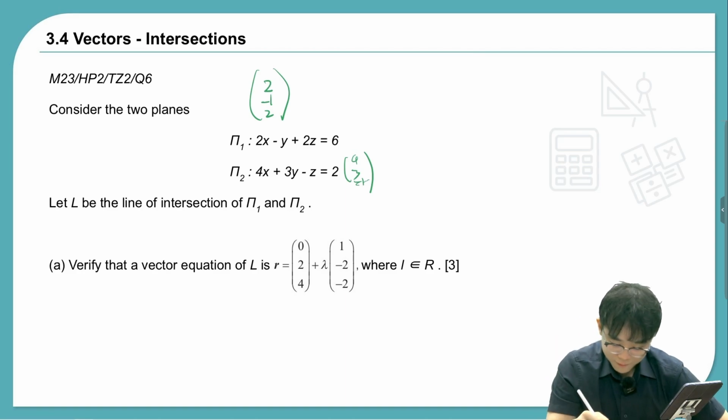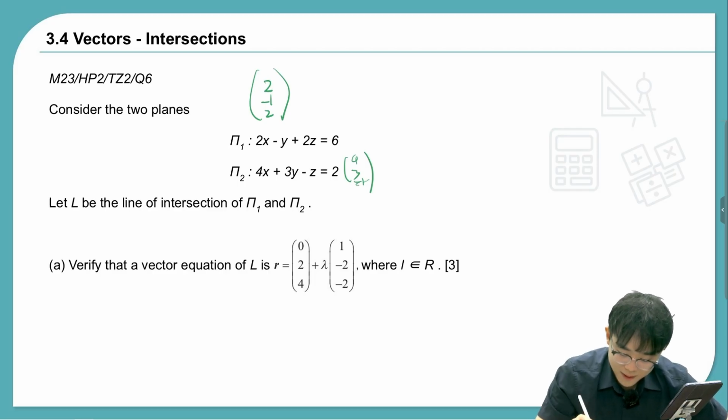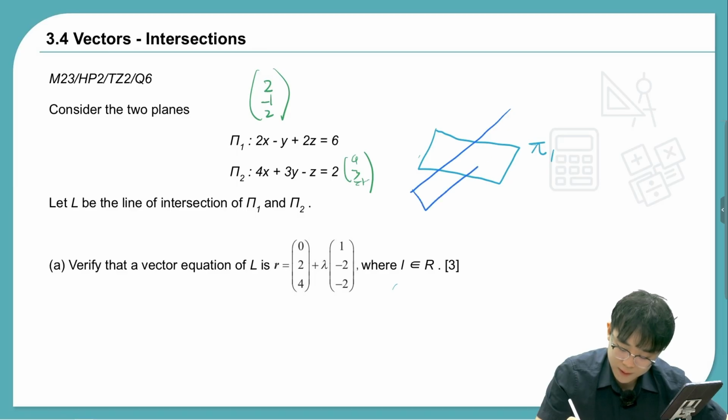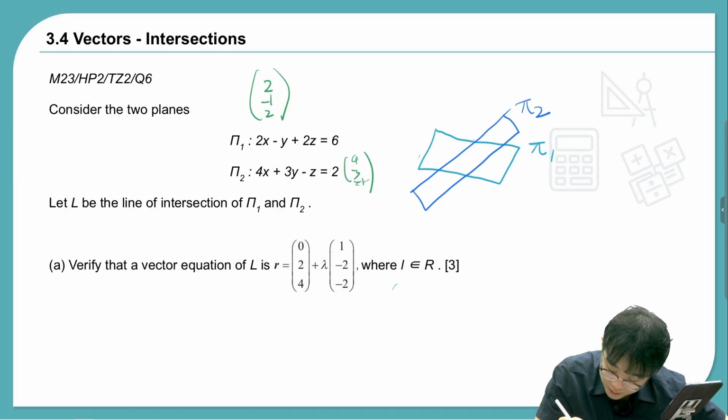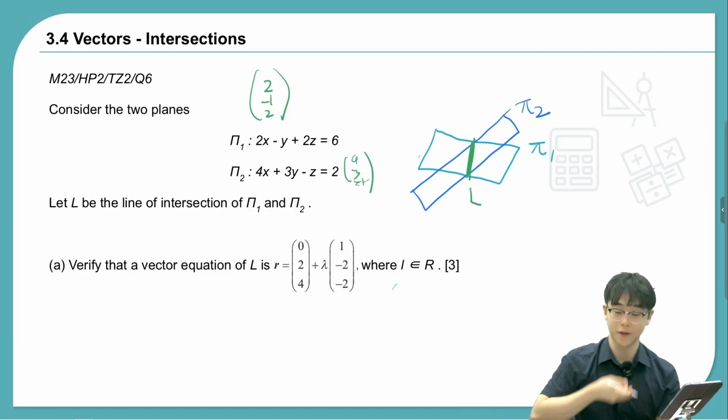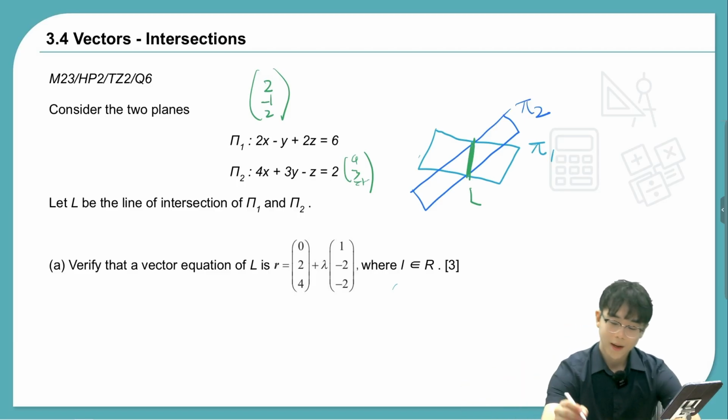Because what we have here is that there's a line of intersection between pi 1 and pi 2. So what that looks like is we're going to have a plane that's going this way. So we'll call that pi 1. And let's say we have another plane going in this way as pi 2. So that means this could be the intersection, line L. So line L belongs to plane pi 1, but it also belongs to plane pi 2. Okay.